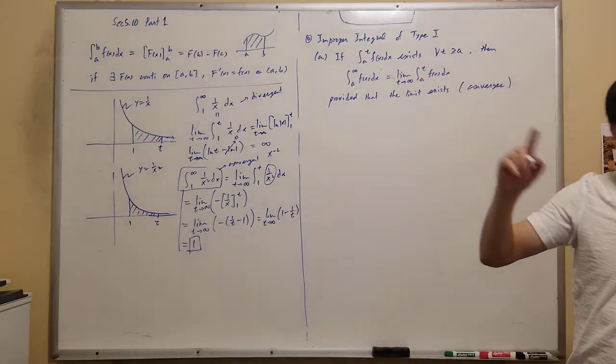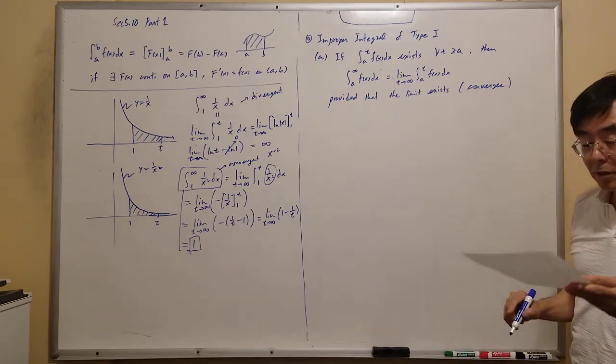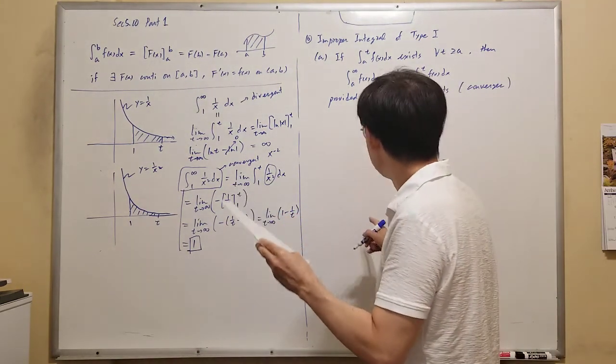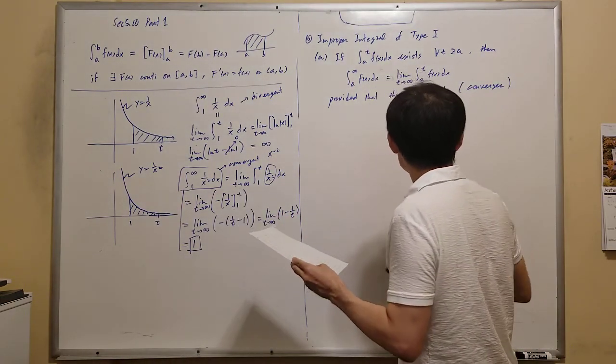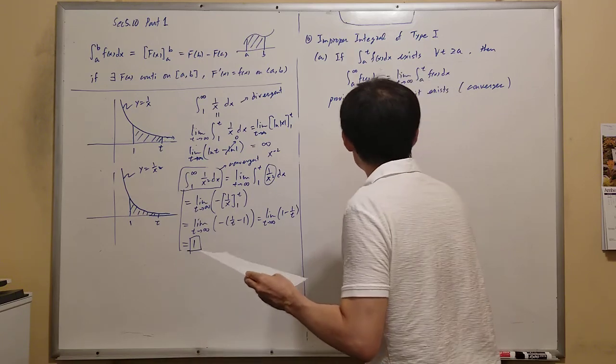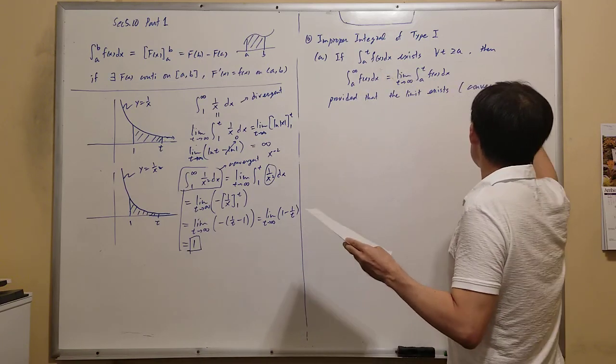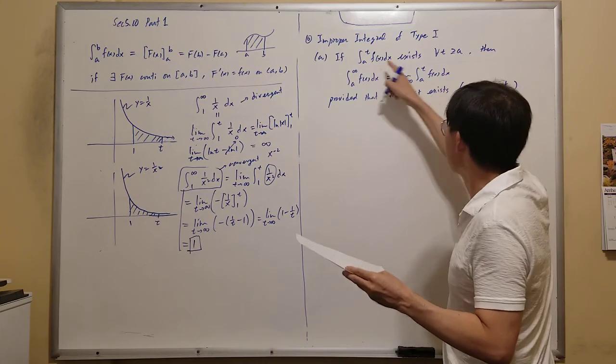Limit exists means that the improper integral is convergent.